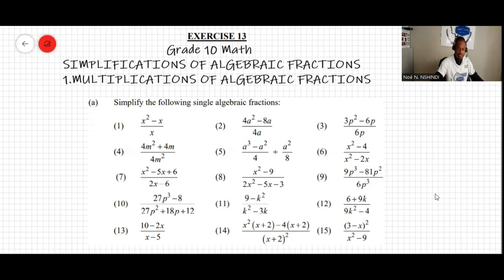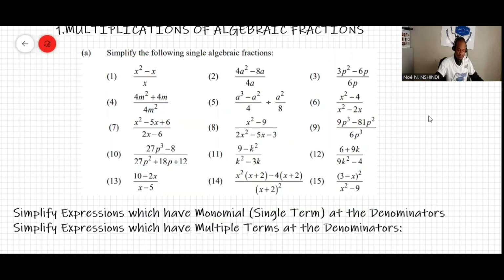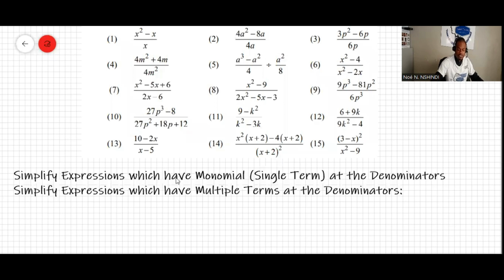Now there are two cases: simplify expressions which have a monomial at the denominator, and simplify expressions which have multiple terms at the denominator. In the first case, when there is a monomial at the denominator, we factorize the numerator.